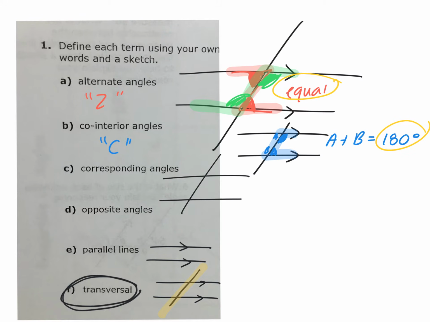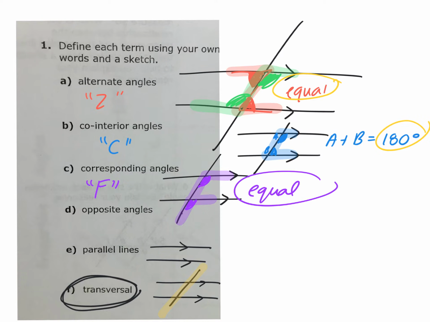What about corresponding angles? What letter? The corresponding angles form an F pattern. So we can draw an F, and I can look at the two angles underneath, basically the arms of the F. Do they add up to 180 or are they equal? They're equal.